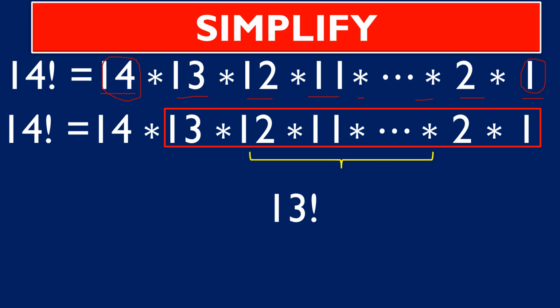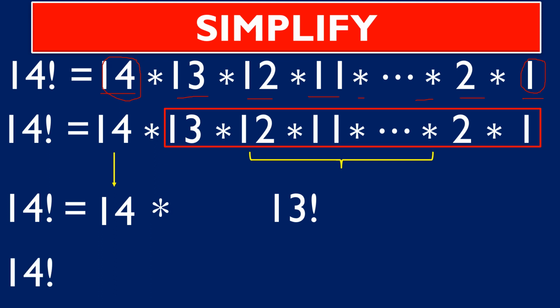That tells you and I that our 14 factorial can be expressed as 14 times 13 factorial. I say again, 14 factorial is equal to 14 times 13 factorial. There is a reason why we have decided to express it like this, and you will see clearly in the subsequent video.